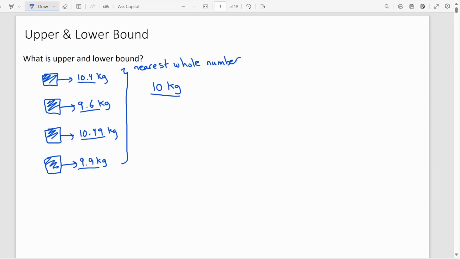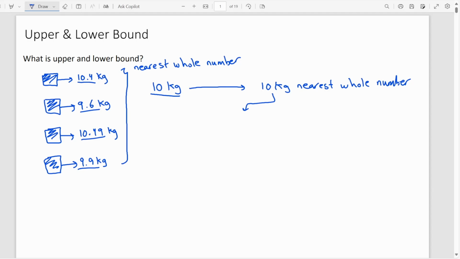Okay. And so if I go ahead and give this figure to somebody else, somebody who doesn't know what the original weights were, so I was like, hey, every single box weighed 10 kilogram to the nearest whole number, this person should know that just because they weigh 10 kilogram to the nearest whole number doesn't mean they actually weigh perfectly 10.